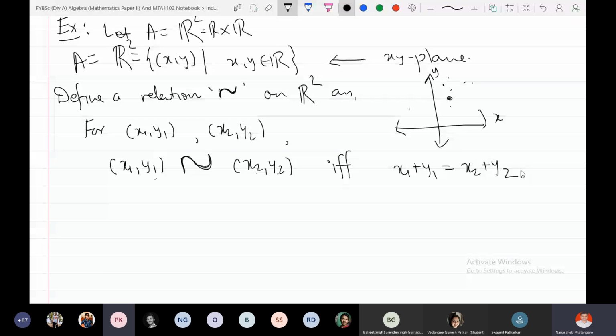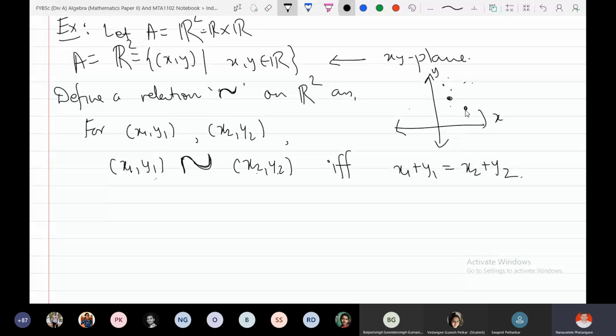My set is the R2 plane, and therefore I am going to define a relation between two points. Two points are related if the sum of their components is the same.